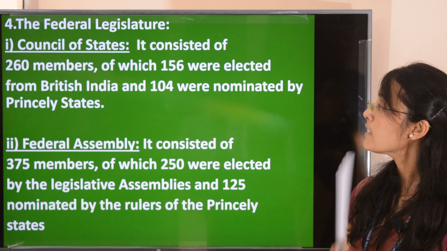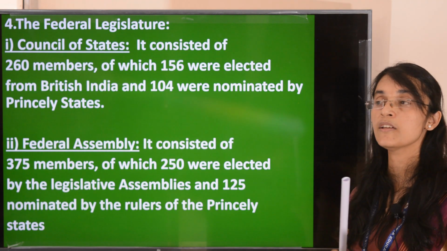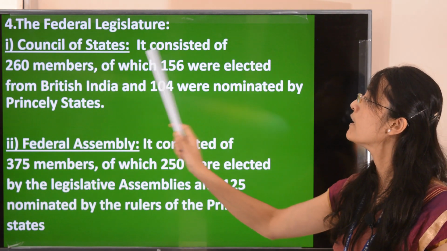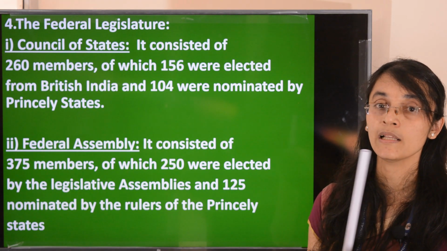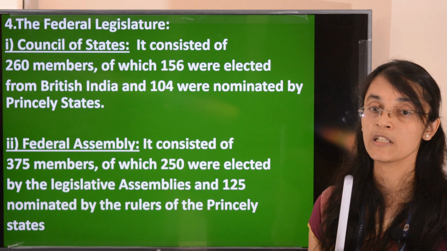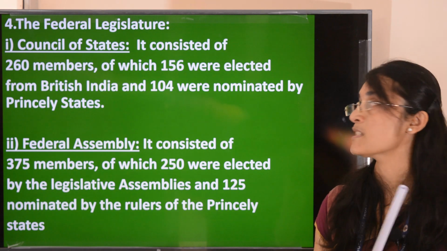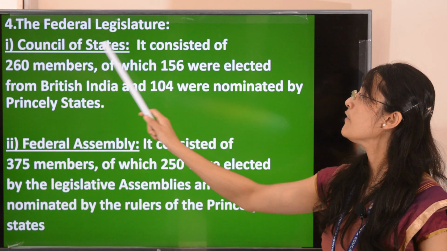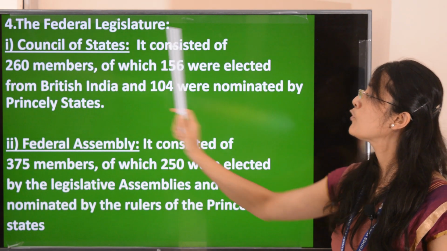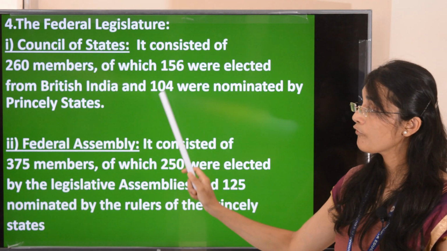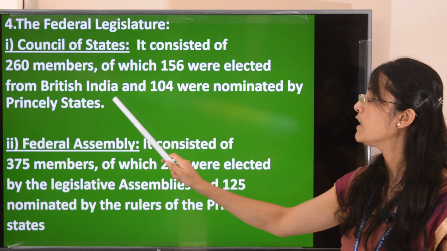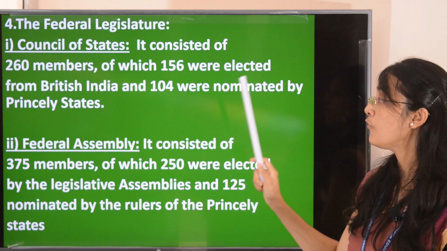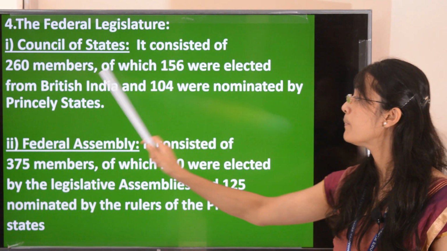Students, the next provision of the 1935 Act is the Federal Legislature. The Federal Legislature was bicameral in nature, consisting of the Council of States as well as the Federal Assembly. Here, the Council of States consisted of 260 members, of which 156 were elected from British India and 104 were nominated by the princely states.